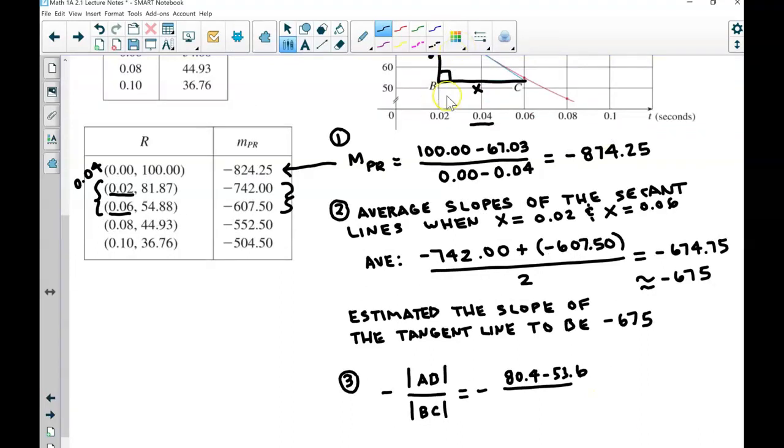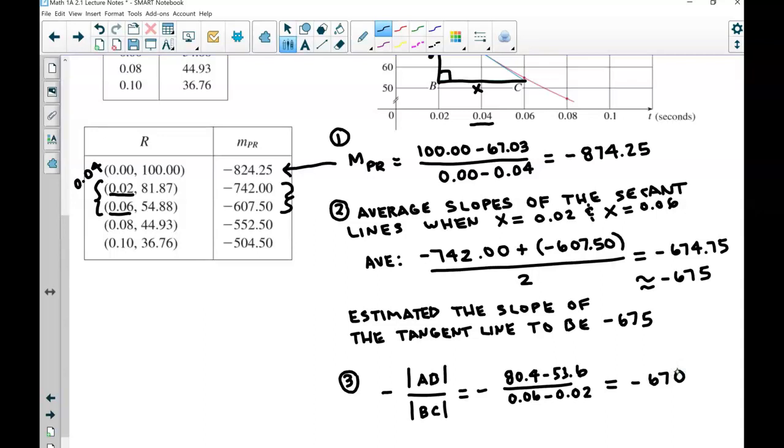And then we're going to find the distance between these two. And so the distance would be 0.06 minus 0.02. And so then we get approximately negative 670.